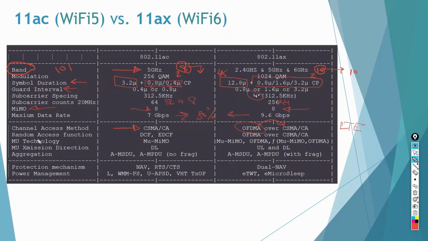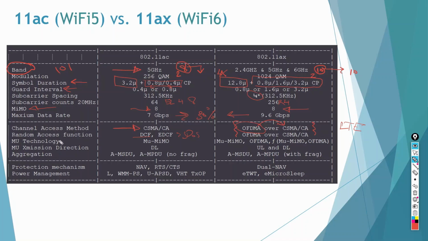Same case for the random channel access function. In 11AC or earlier, we used DCF and EDCA. This one was used when we introduced QoS to Wi-Fi. Whereas in 11AX, we will also use OFDMA over CSMA/CA. We will discuss those in detail in the OFDMA section.